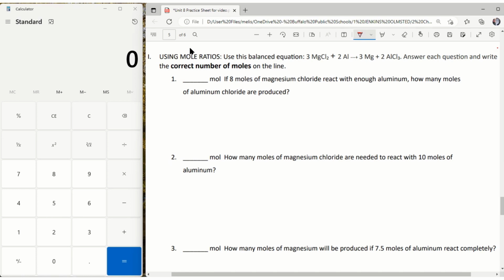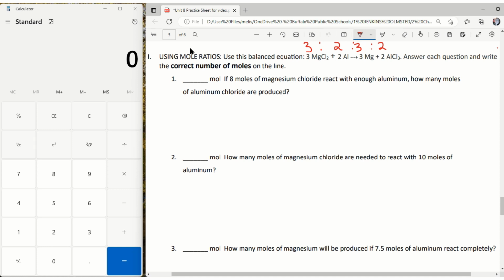Okay, remember how we just looked at mole ratios? So we're going to use mole ratios to now do some more math. So if I look at the whole equation, my ratios are 3 to 2 to 3 to 2. Okay, so this says I have 8 moles of magnesium chloride.